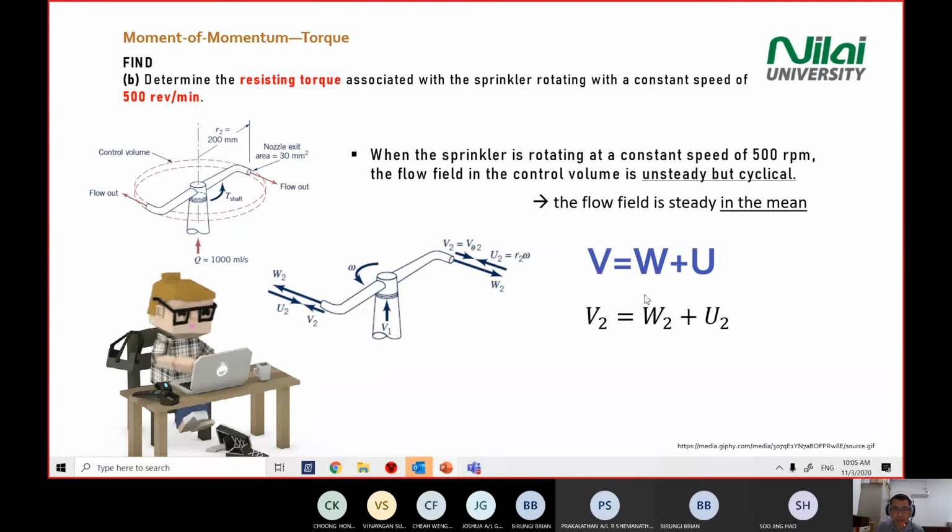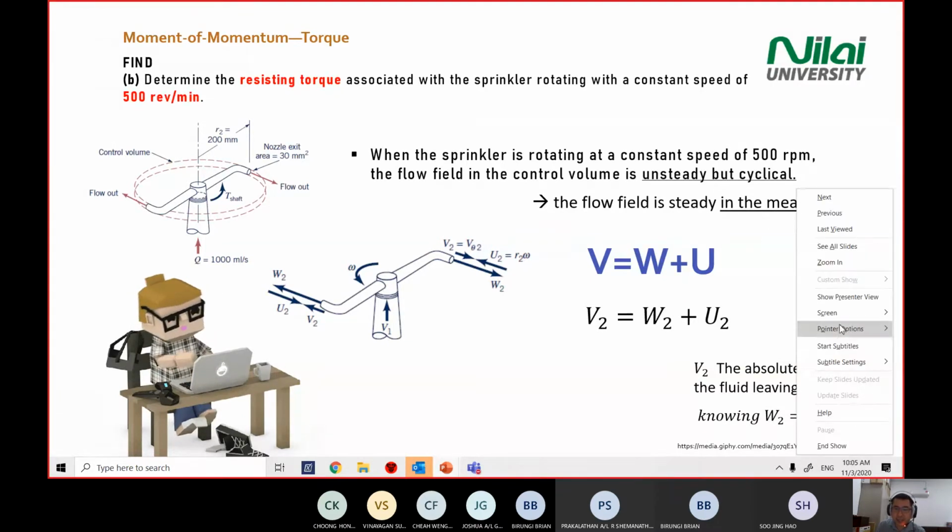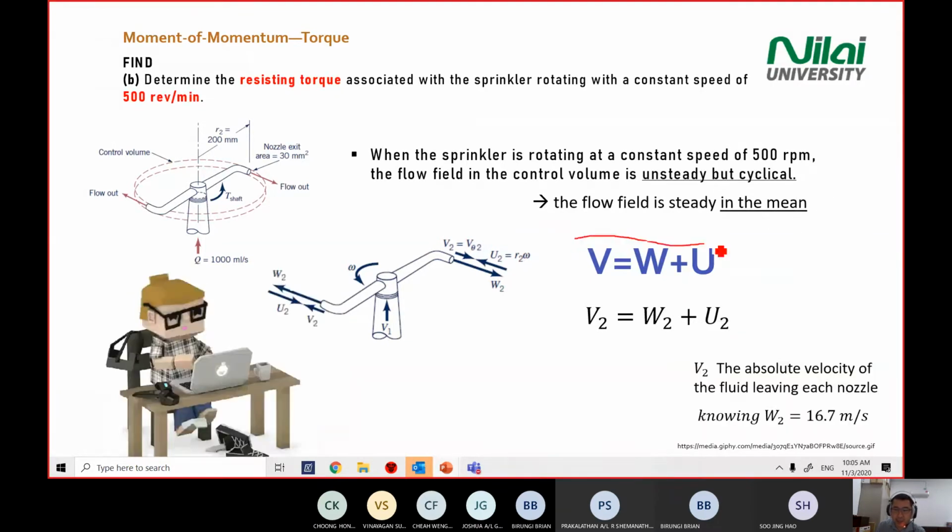In this case, we apply this general equation to section 2 at the head here. Master, do you consider the directions of U2 and V2? You mean direction? Yeah, so in this case, we write out the equation first. We only look at the magnitude, because this vector relationship is fixed already.